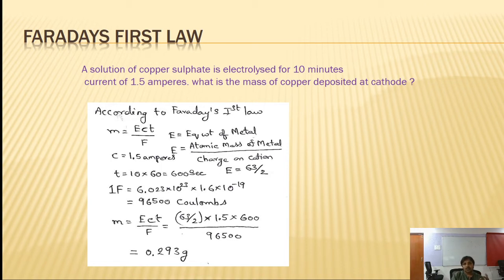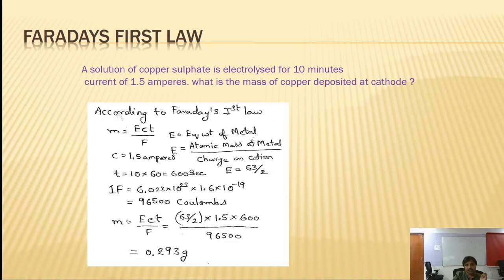So Faraday is the charge carried by the Avogadro number of electrons: 6.023 into 10 to the power 23, multiplied by the charge on each electron, 1.6 into 10 to the power minus 19. On multiplying, we get the value of 1 Faraday as 96500 coulombs. Now, next, M is equal to E C T by F.